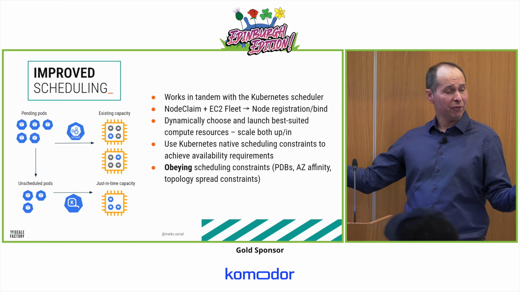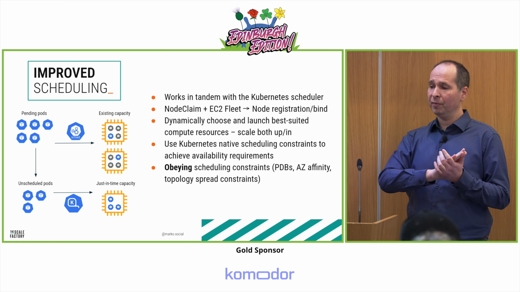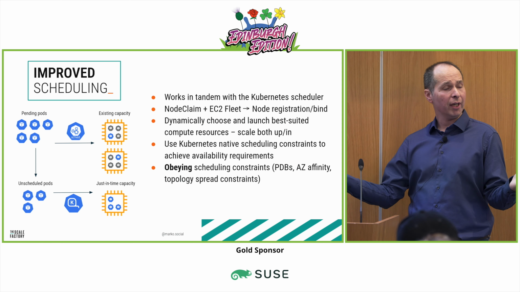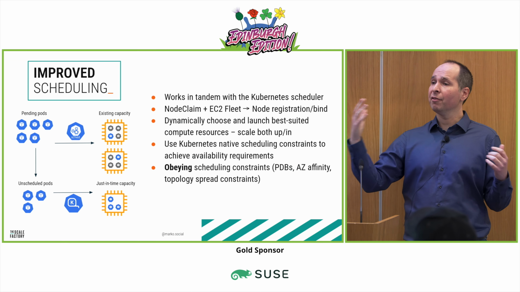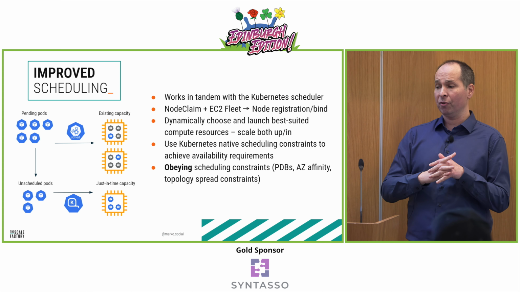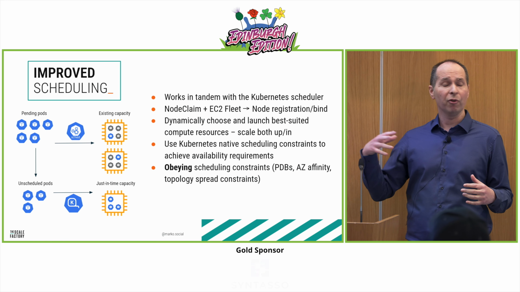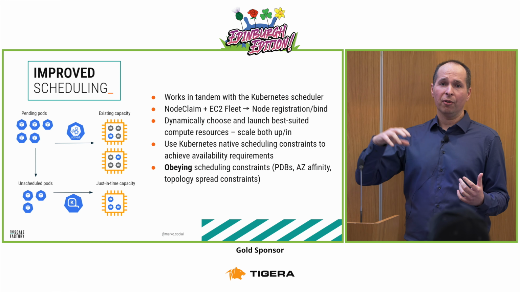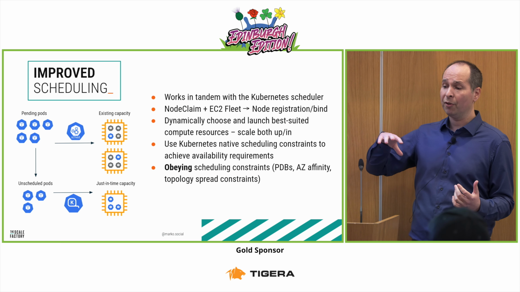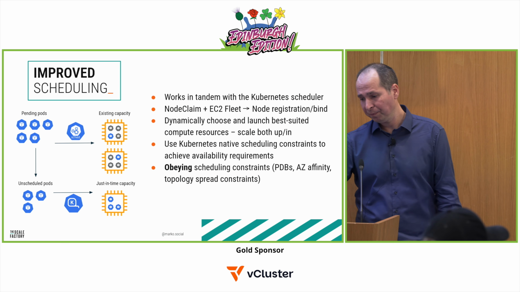When it does all of those things, it uses native scheduling constraints. So if you have PDBs defined, or AZ affinity or other things, it obeys all of those scheduling constraints. As it's trying to find compute, it takes all of that into account as well.